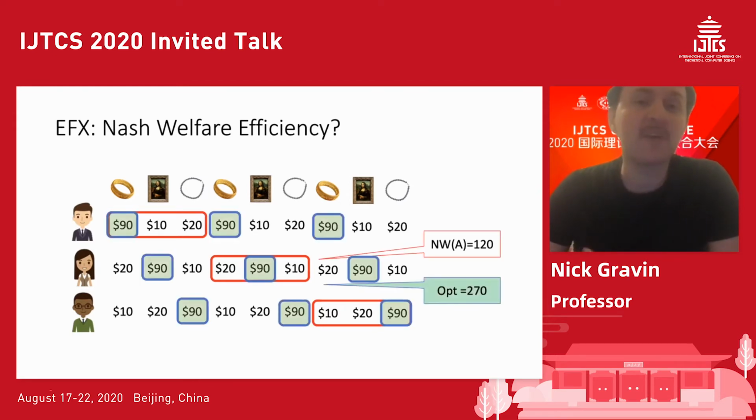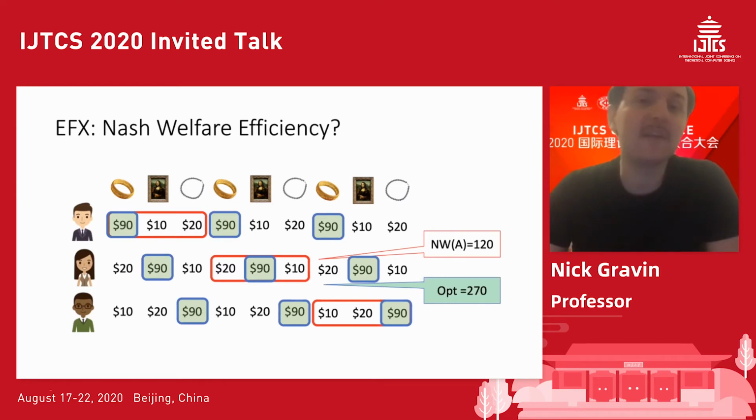Well, but there is a much better allocation. We can take the agent who really likes rings, the second agent who really likes paintings, and the third agent who really likes necklaces, and give them 3 copies of each of the respective item.